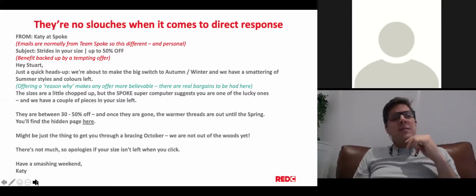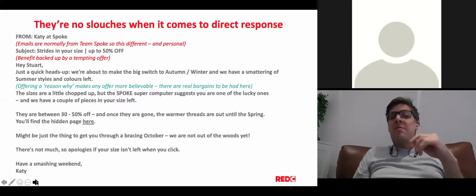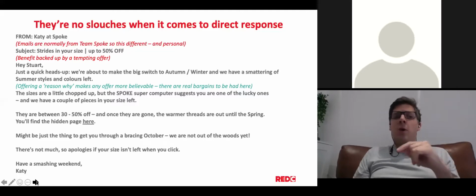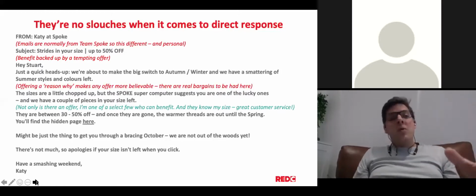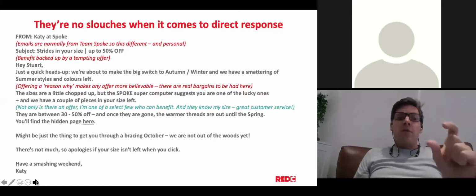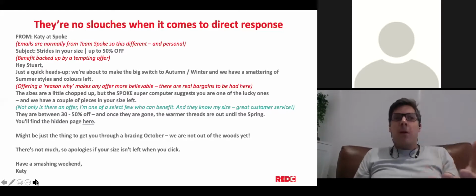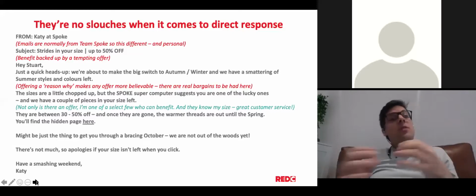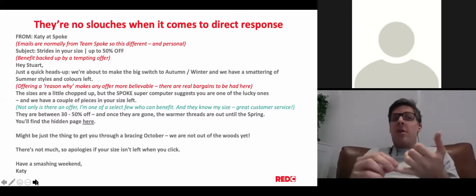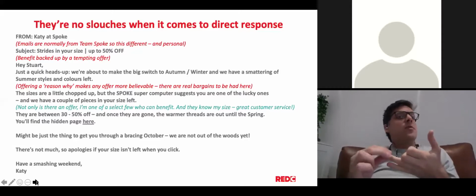Then it goes on to say, "The sizes are a little chopped up, but the Spoke supercomputer suggests you are one of the lucky ones, and we have a couple of pieces in your size left." So not only is there an offer, I'm one of a really select few people who can benefit from this, and they know my size. This is great customer service, and great use of data as well.